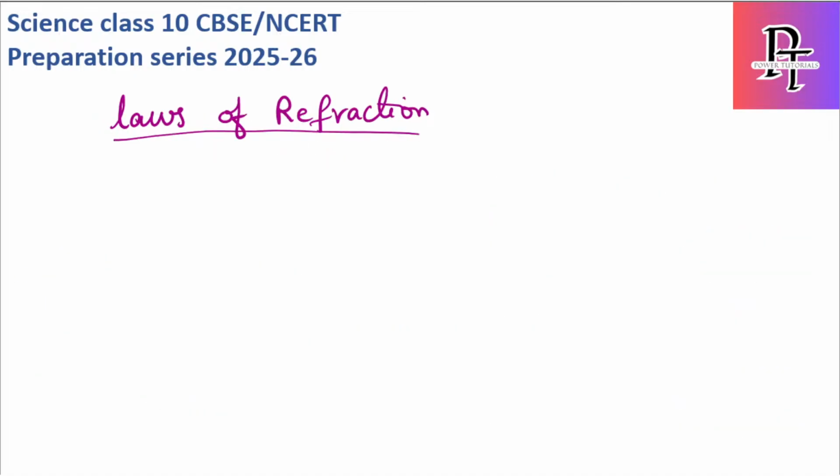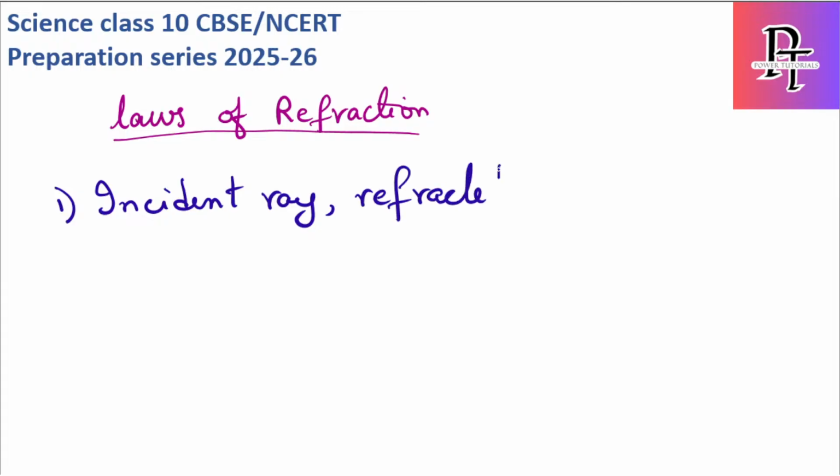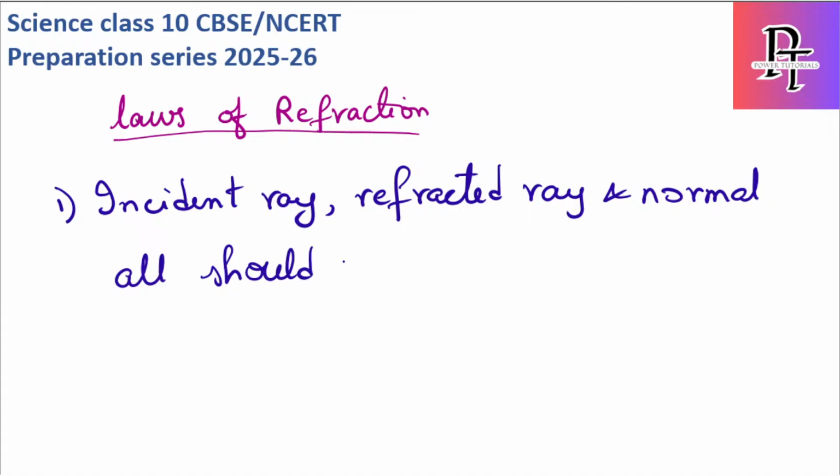Okay. What are laws of refraction? So total we have two laws of refraction. The first one: incident ray, refracted ray, (make sure it is refracted ray, not reflected) and normal, all lie in same plane.